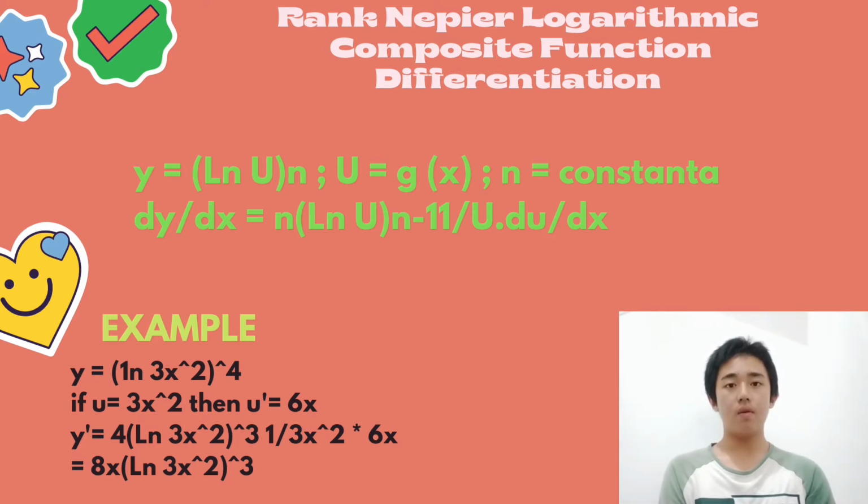So the derivative of y with respect to x equals 8/x times (ln 3x squared) cubed. So the answer is 8 over x times (ln 3x squared) cubed.